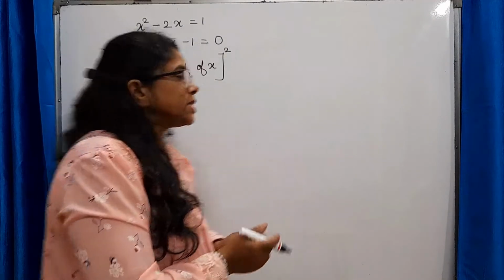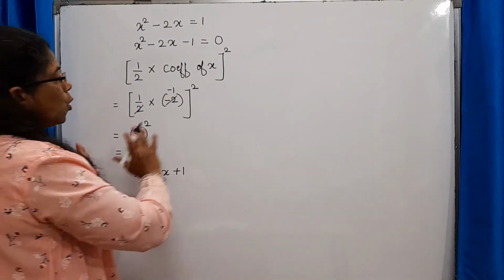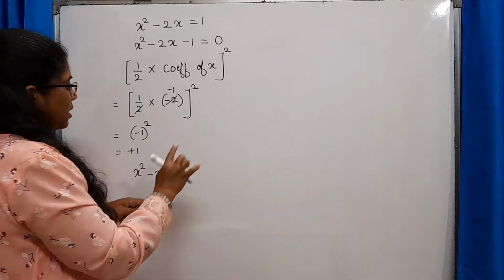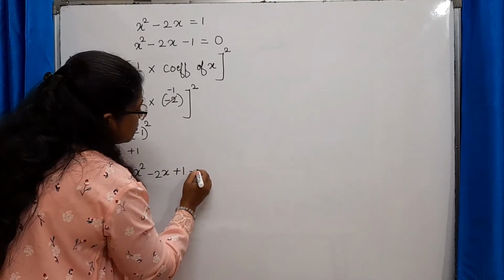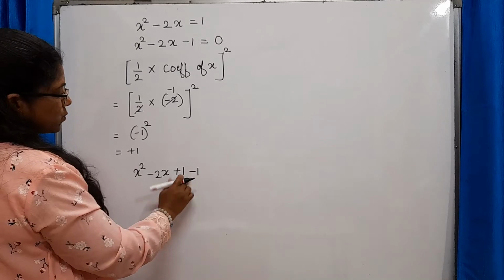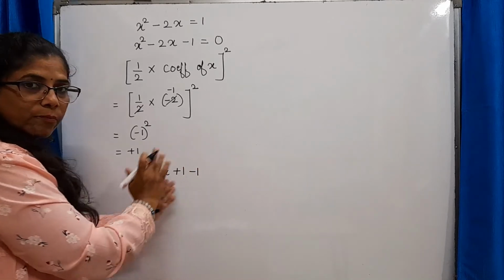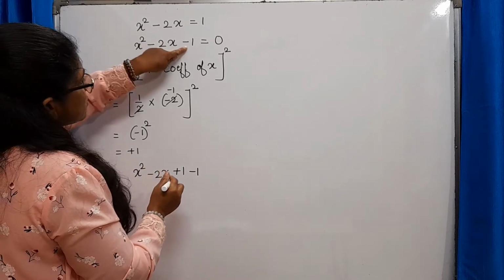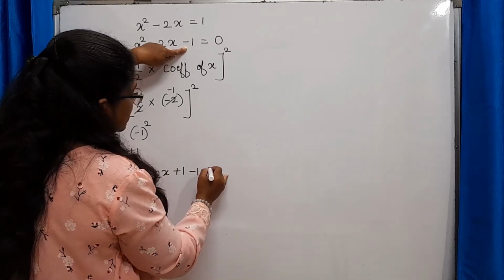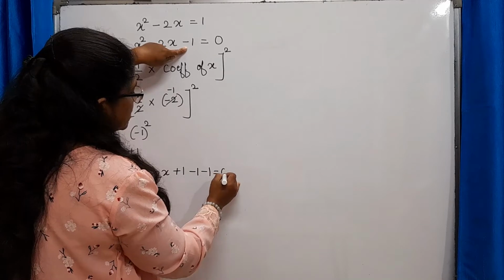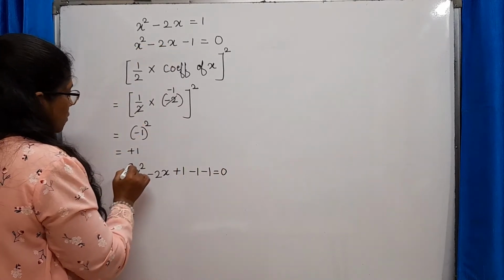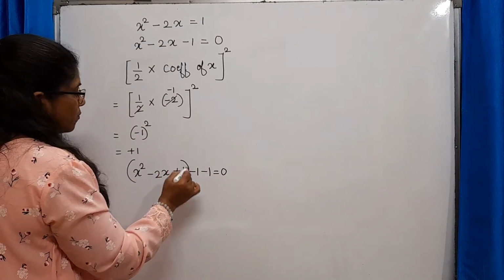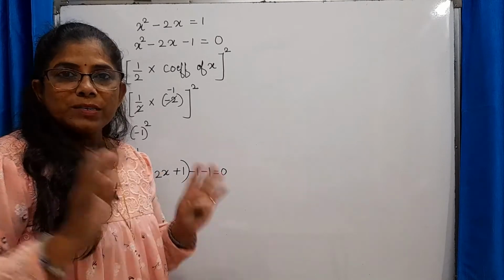So here, add 1 on both sides, or after adding 1, immediately we can write minus 1. Add and subtract whatever answer we get here. And next we have to write the remaining term is equal to 0. Now whatever part we get here, the first 3 terms form a perfect square.